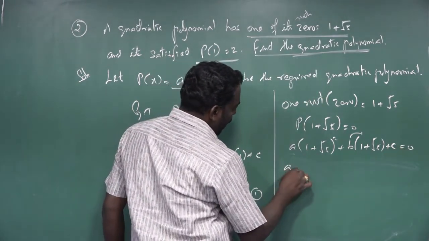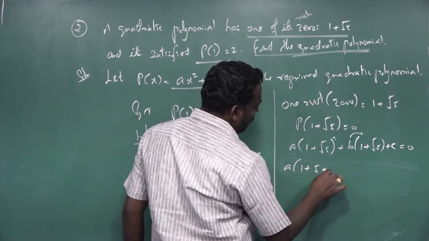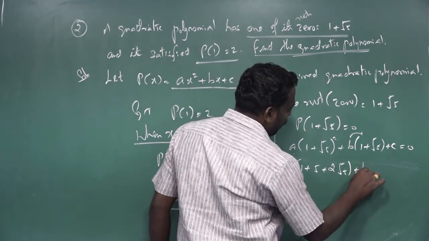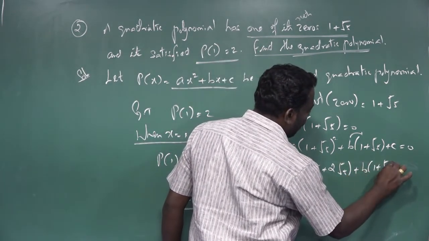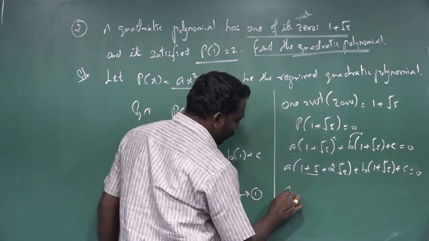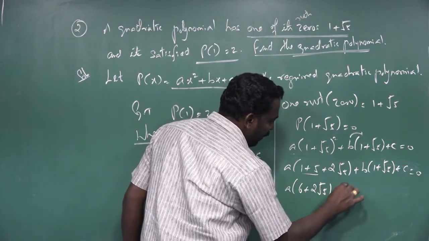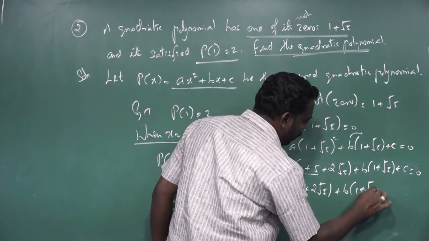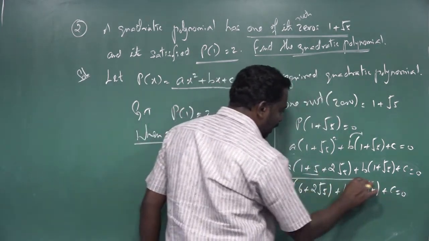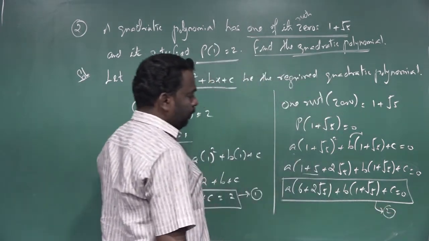Next line: a into 1 square is 1, and root 5 into root 5 is 5, plus 2 into 1 into root 5, plus b into (1 plus root 5) plus c equals 0. Now add the values: 1 plus 5 is 6. Therefore a into (6 plus 2 root 5) plus b into (1 plus root 5) plus c equals 0. Now this equation is defined as equation 2.